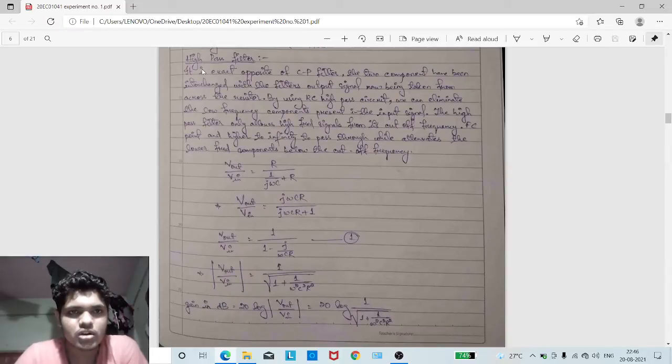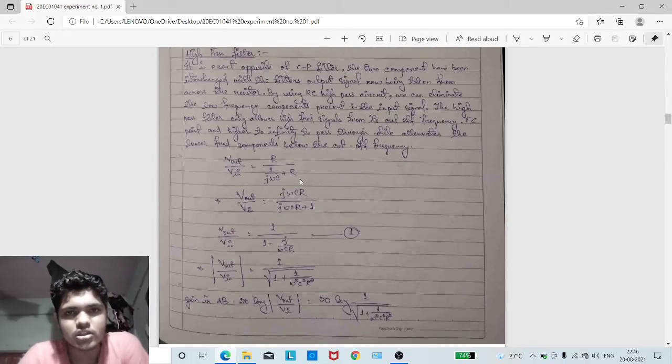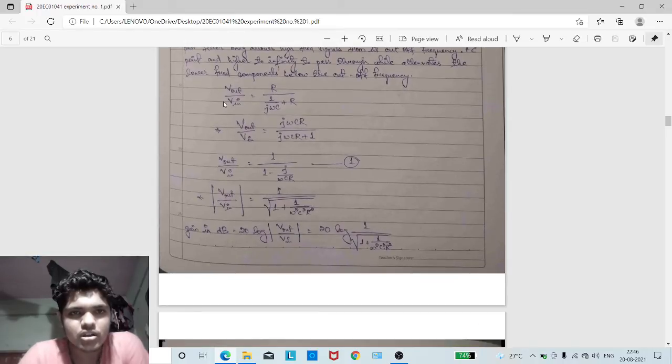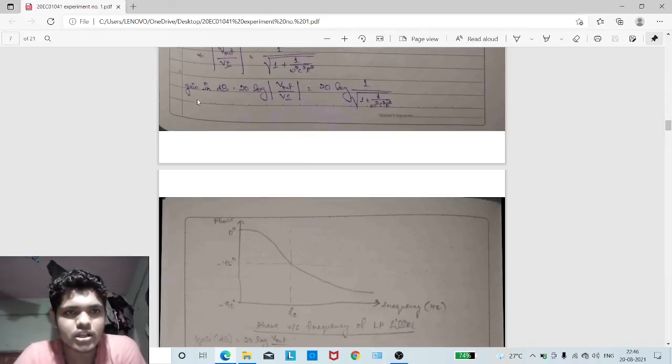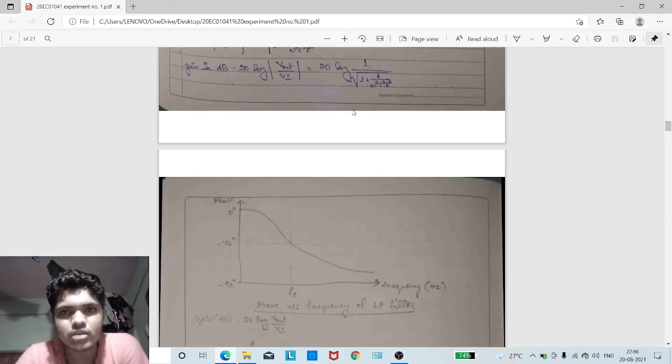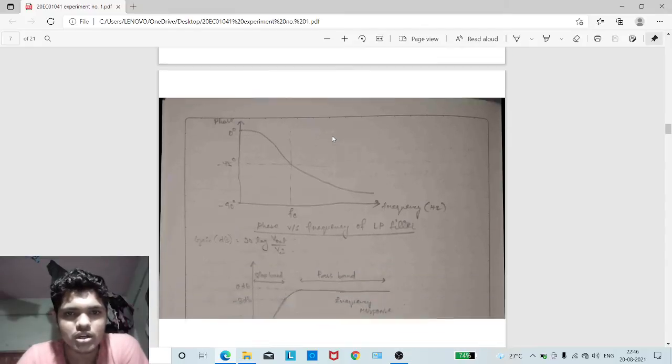And for the high pass filter, as we have seen in the diagram, we just exchange the R and C in the circuit, and the formula will also be similar. We get mod of Vout by Vin equal to 1 divided by root over 1 plus 1 by omega square C square R square, and the gain in dB will be equal to 20 log mod of Vout by Vin, that is 20 log of 1 divided by root of 1 plus 1 by omega square C square R square.